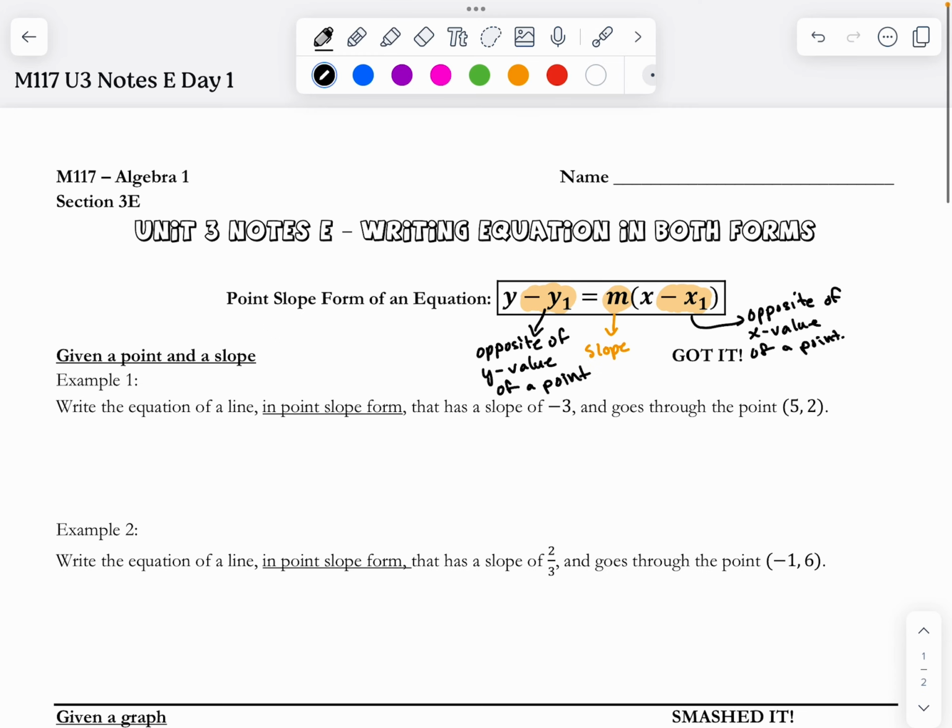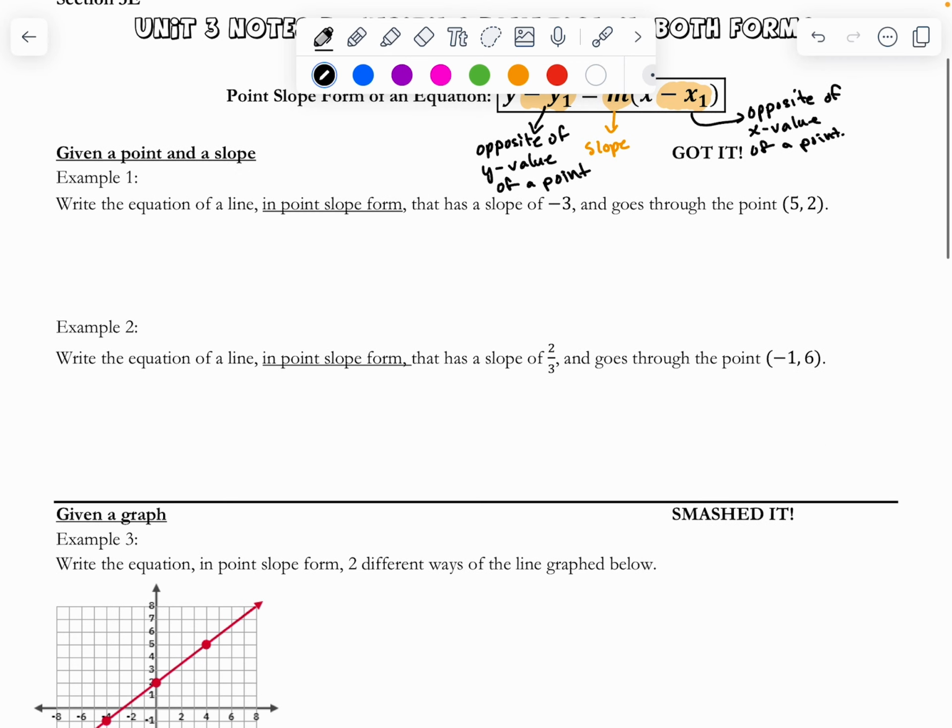So let's keep looking. Given a point and a slope, example one, let's go ahead and see if we can figure out what we're going to do. Example one: write the equation of a line in point slope form that has a slope of -3 and goes through point (5, 2).